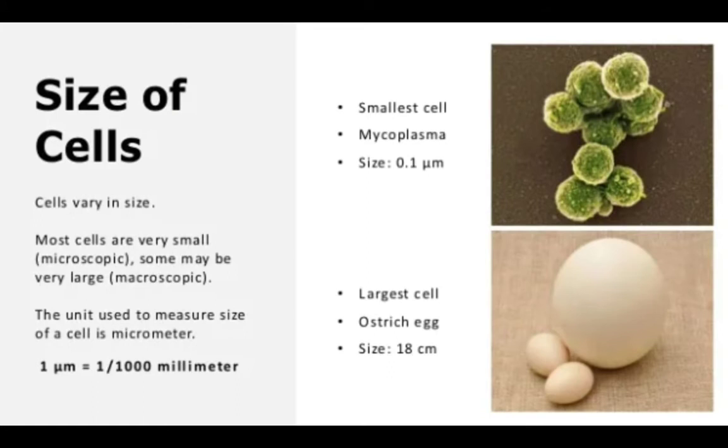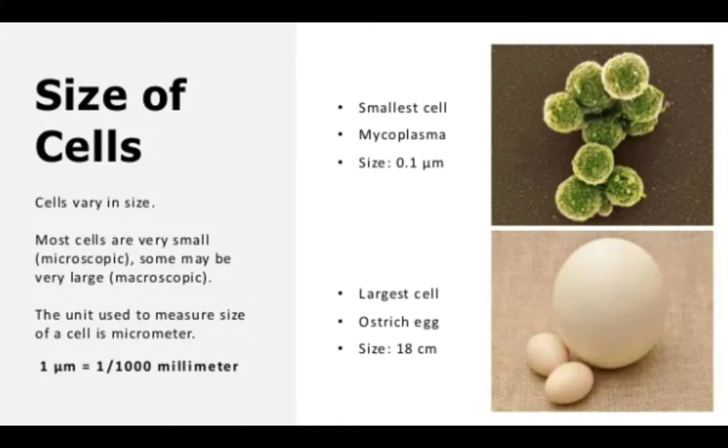Now, the unit used to measure the size of a cell is the micrometer. I think you wouldn't have heard about this before. The micrometer is used to measure the size of a cell.